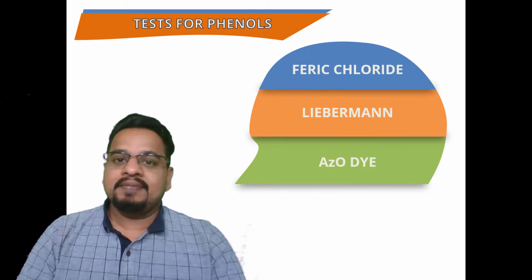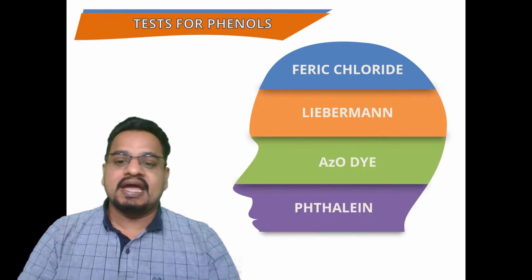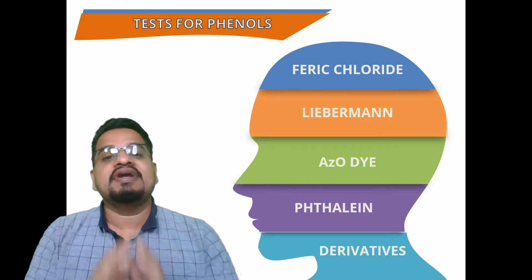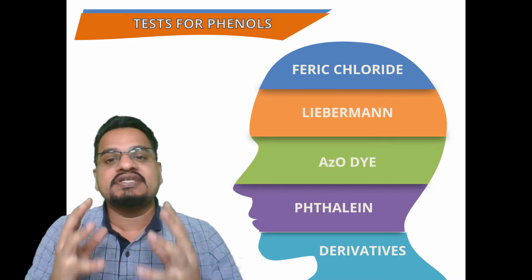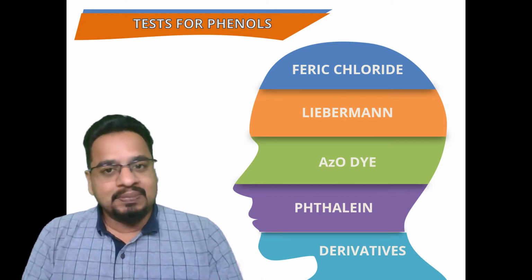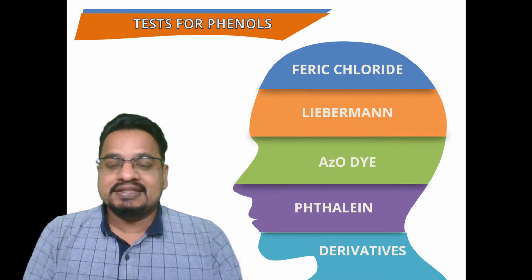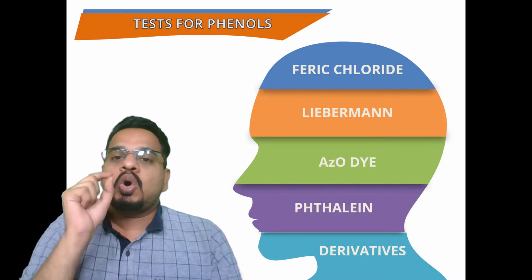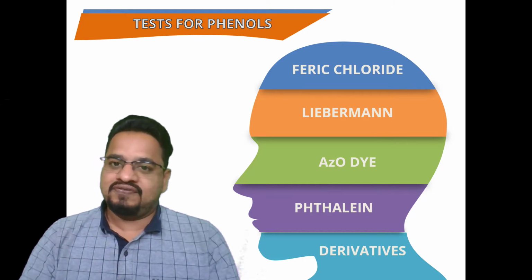So you will be able to understand the azo dye test and the phthalein test, and the various derivatives of phenol will give different colors for these different tests. So at the end of this session, you will be able to understand the principle behind the different tests of phenol, that is the qualitative identification and estimation of phenol.